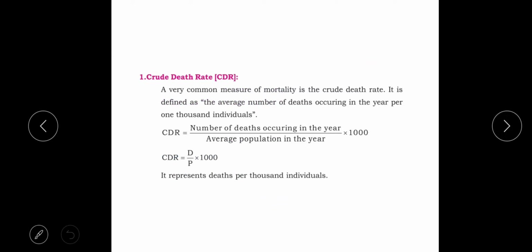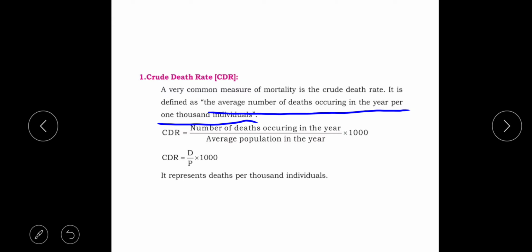First one is the crude death rate. As I said, it is crude. It considers the entire population and total deaths, irrespective of gender and age group. It is defined as the average number of deaths occurring in the year per 1000 individuals. So here also we are referring to 1000 individuals.